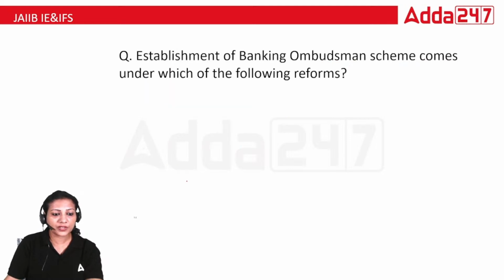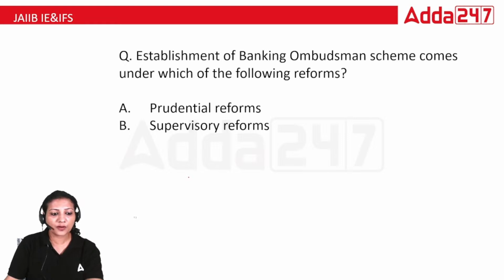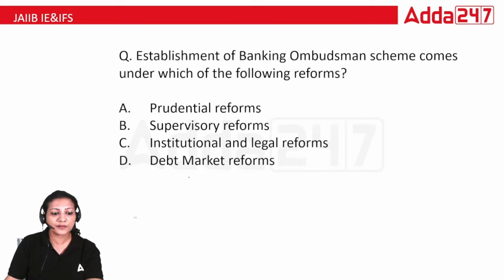The next question is, establishment of banking ombudsman scheme comes under which of the following reforms? Prudential reforms, supervisory reforms, institutional and legal reforms, or debt market reforms. So what will be the answer for this particular question?